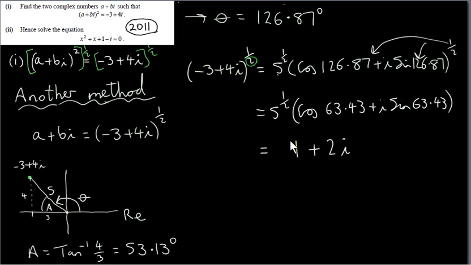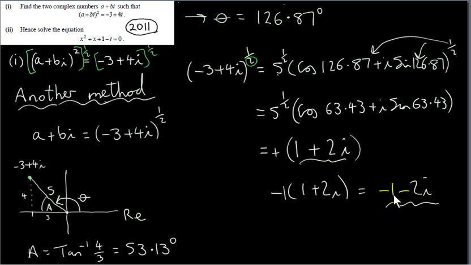It could either be 1 plus 2i, or minus 1 minus 2i, because if we square this, we get minus 3 plus 4i. But if we square this, we also get minus 3 plus 4i, because if we square this minus 1 that's in front, we just get plus 1. So we have 1 plus 2i, or minus 1 minus 2i, as you saw before.